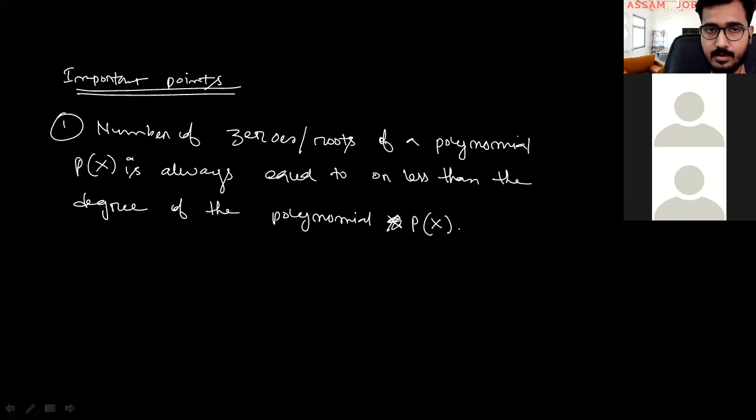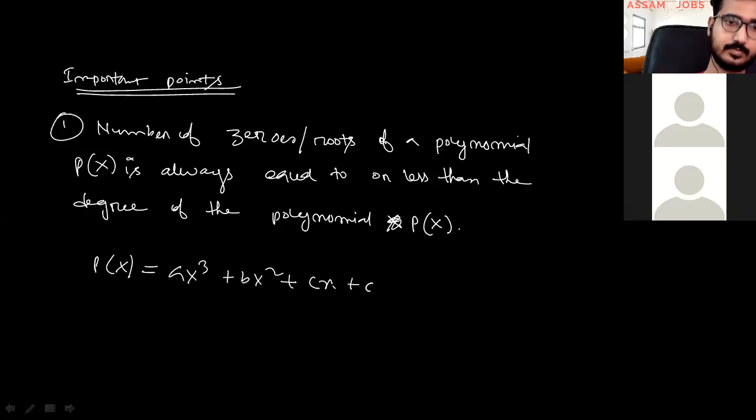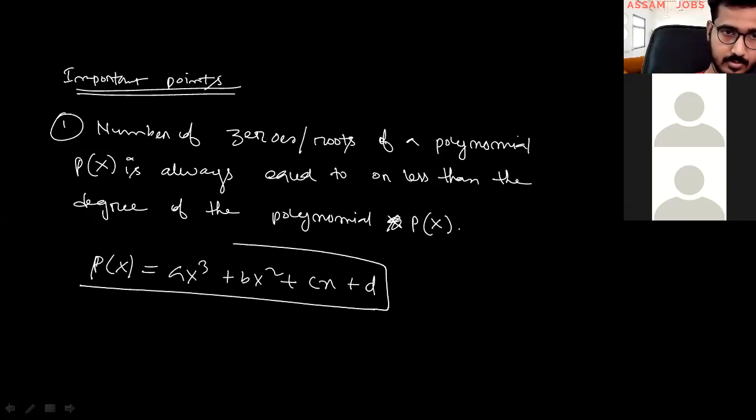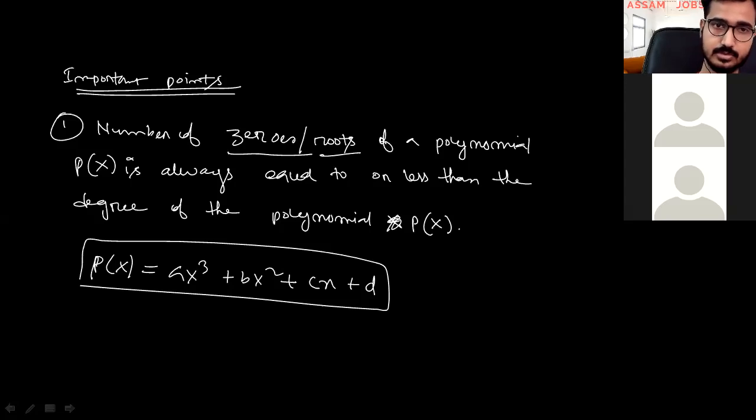Read the statement: the number of zeros or roots of a polynomial p(x) is always equal to or less than the degree of the polynomial p(x). Suppose one polynomial is given, a cubic polynomial, ax cube plus bx square plus cx plus d. Now, this is one cubic polynomial. Now see, roots or zeros, same meaning.